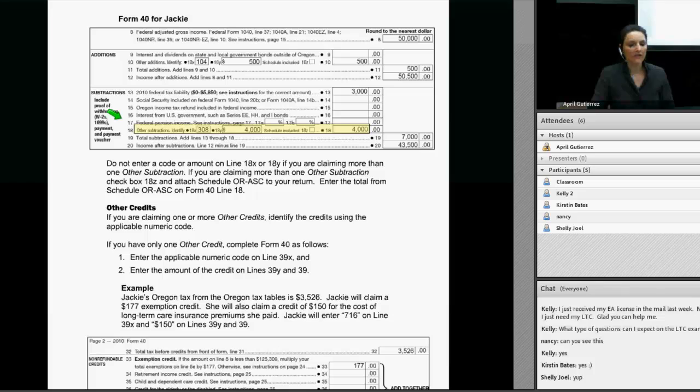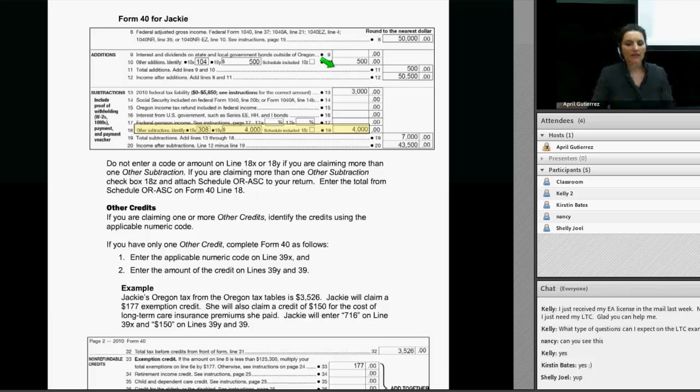And then we get line 17, federal pension income. And finally, all other types of subtractions. So the point at which you need to file Schedule OR-ASC is when you have more than one other subtraction on line 18 or more than one other addition on line 10.